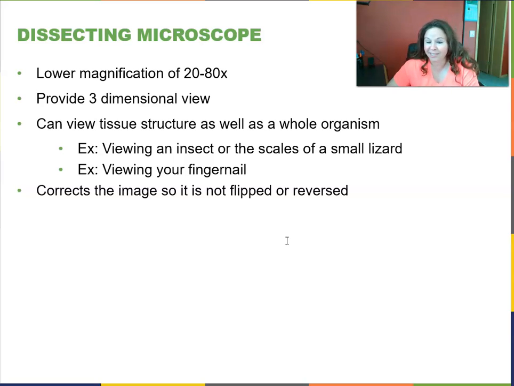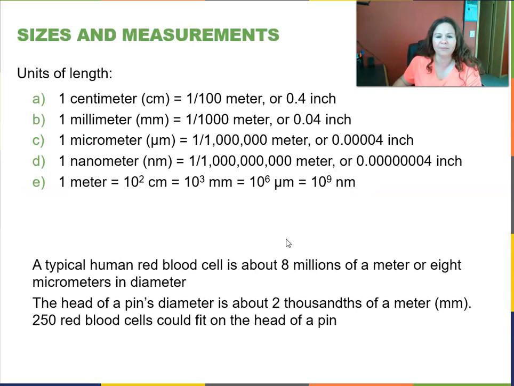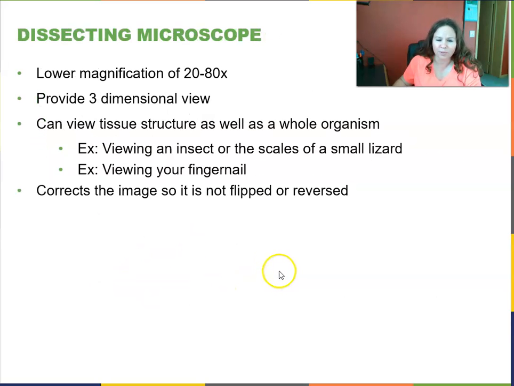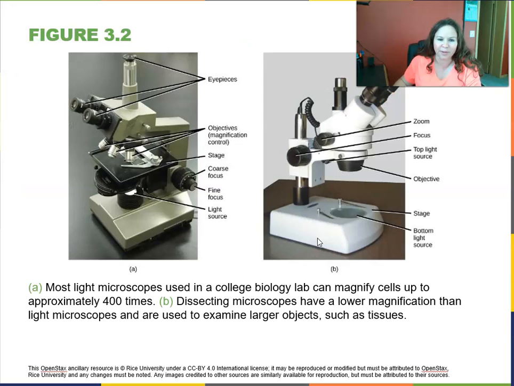Looking at maybe a dead fly under a dissecting microscope, you can see the detail of the wings or the scales of a small lizard, if you can get your lizard to sit still enough under that dissecting microscope. So those are some examples there. With this type of microscope, you don't have to worry about flipping or reversing your image.